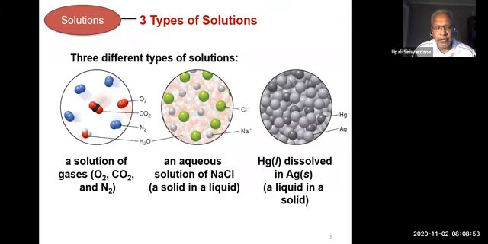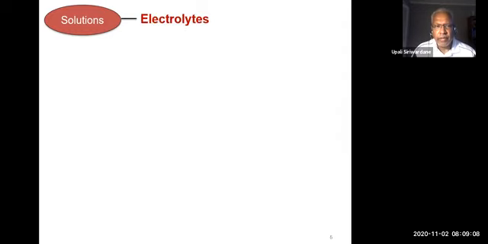So there are solutions in gases, liquids, and solids. The most commonly used in chemistry is the aqueous, or liquid, solution. Now we're going to look into the classification of solutes based on conductivity, into electrolytes.